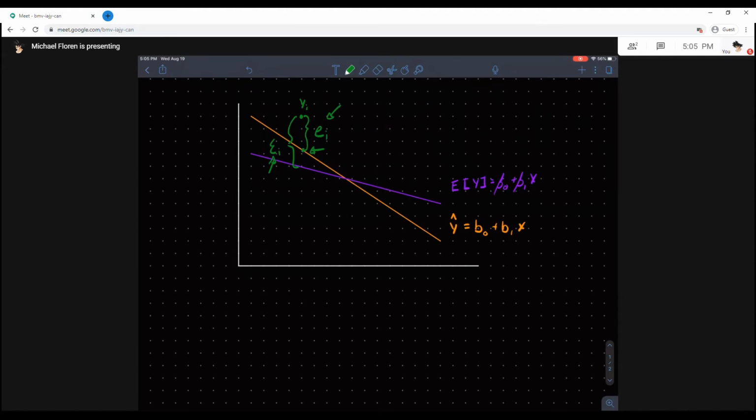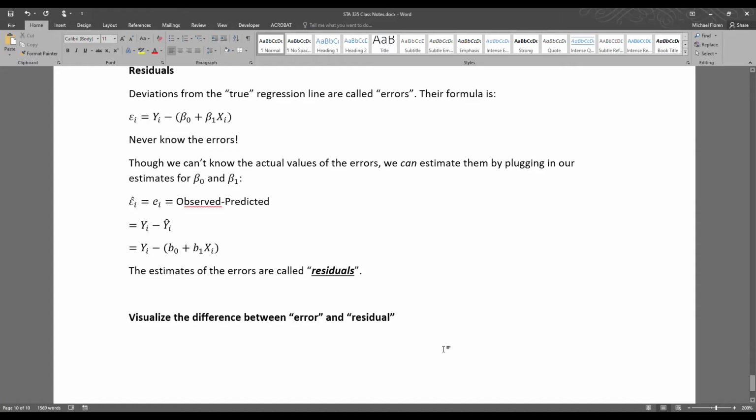That's our best guess from data, or the predicted data point using the purple equation. That would be the best guess if we had all of the data in the world. So the difference here is visually the difference between residuals and theoretical error terms. It's what we're comparing against.